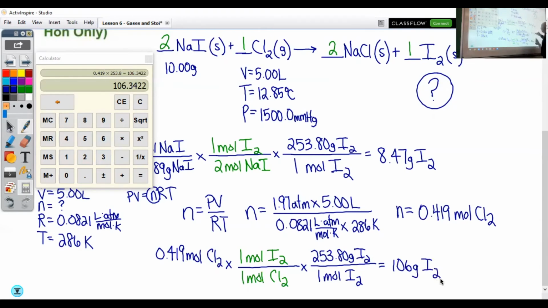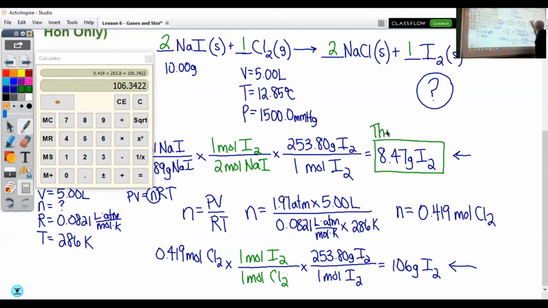So now we're going to compare these two numbers. The amount of I2 that we got using up all of our sodium iodide and the amount of I2 that we got using up all of our chlorine. Clearly, we have a lot more I2 here. So that means two things. Number one, this is our theoretical yield.